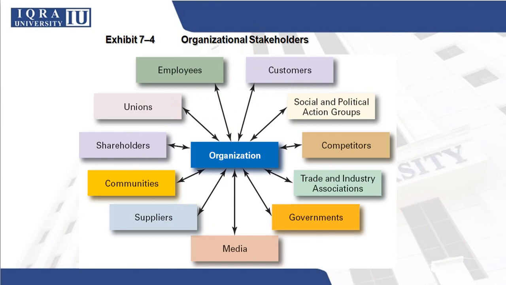If we discuss a few of them, the number one stakeholder is the customers. If the organization is not taking care of the interests and values of customers, they are definitely going to get affected by the organization, and the organization can be in danger if the customer is not satisfied. So the organization has to anyhow take care of this matter, that their customers should be satisfied with their actions and with the decisions the organization is taking.